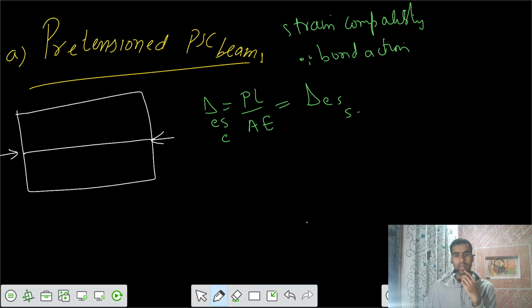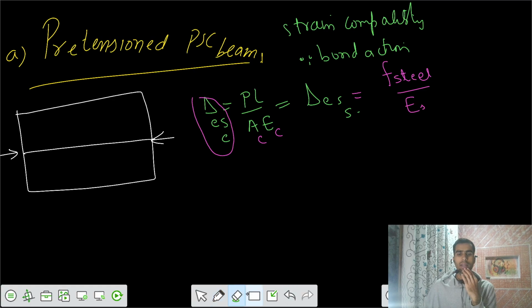Now the delta elastic shortening in the concrete equals PL by A concrete, E concrete, and that also equals delta steel. What is the equation for delta steel? It is the stress in the steel divided by the modulus of elasticity of the steel.